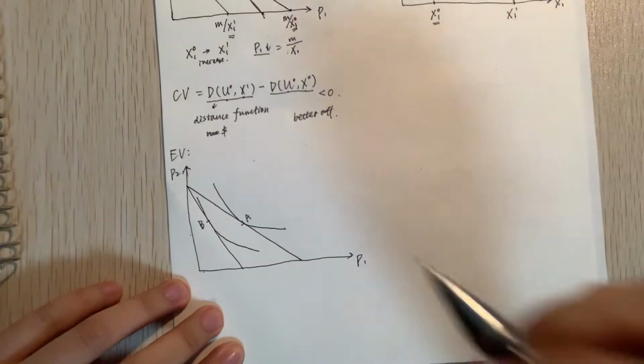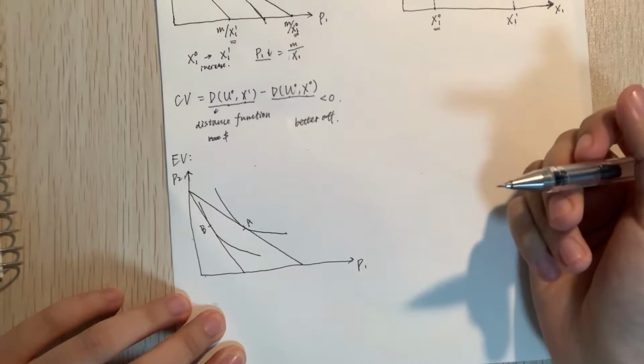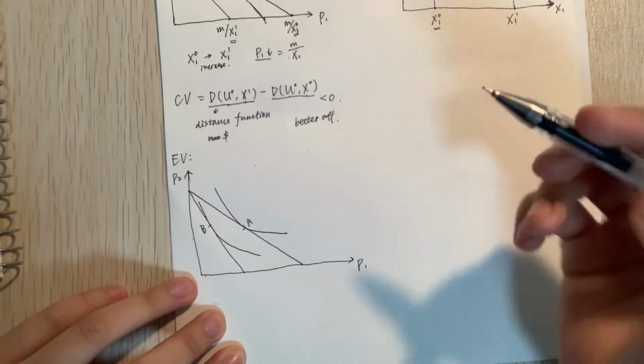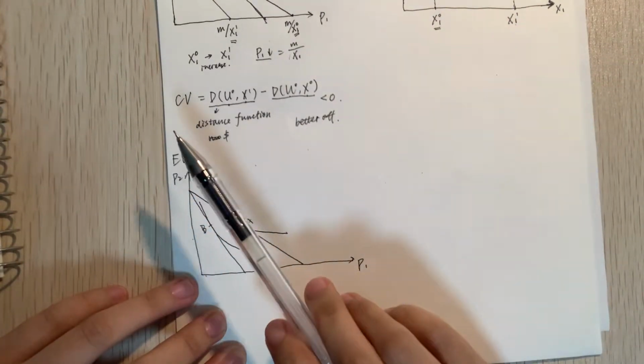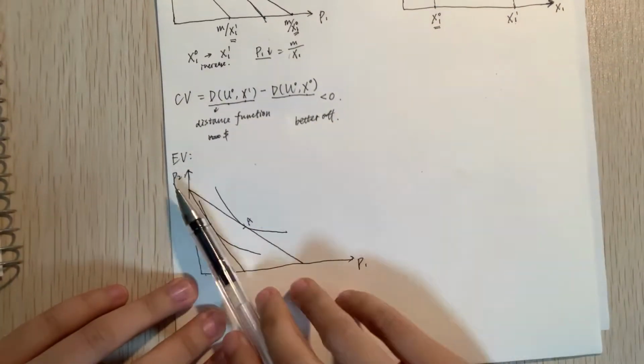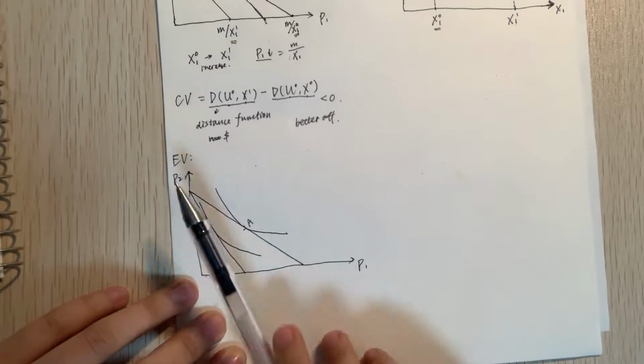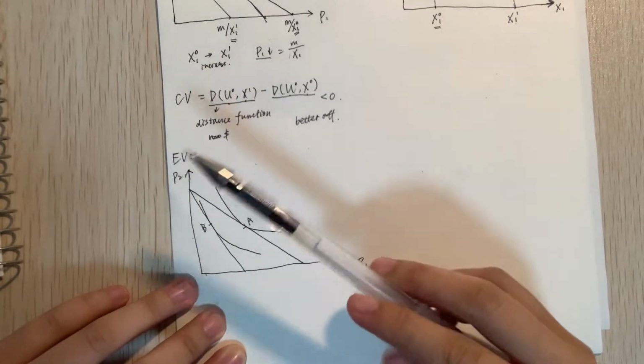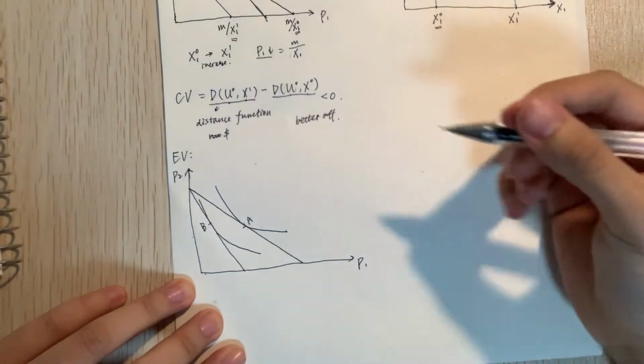Okay, so the definition of equivalent variation is simply that, what is your willingness to accept or to pay to remain on the new level of utility, but with the old combination of quantity, right?